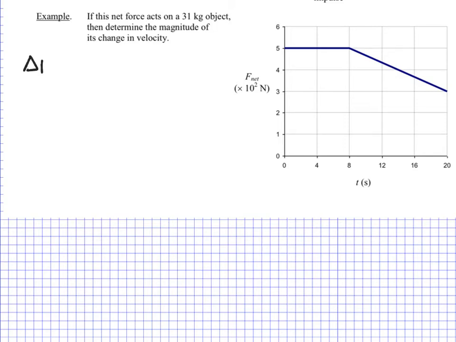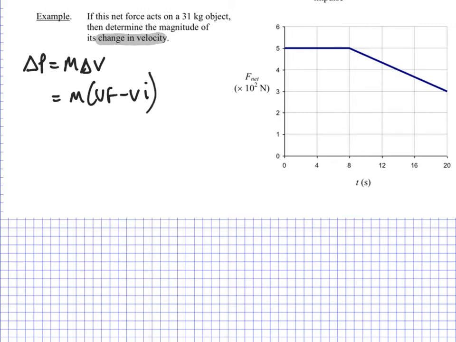So if we have a change in momentum, then we're looking at the mass times a change in velocity. In other words, mass times Vf minus Vi. Okay. Now I can already kind of think ahead here. We're asked to find just this change. What is the change in velocity? That's what we're really asked for.